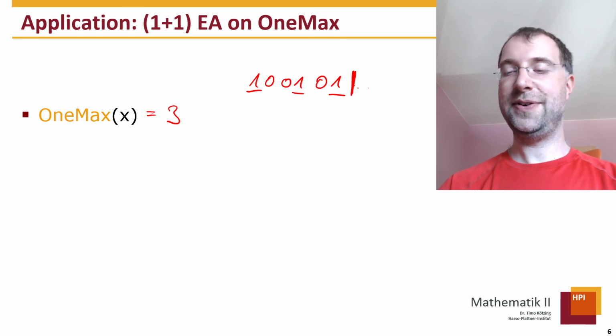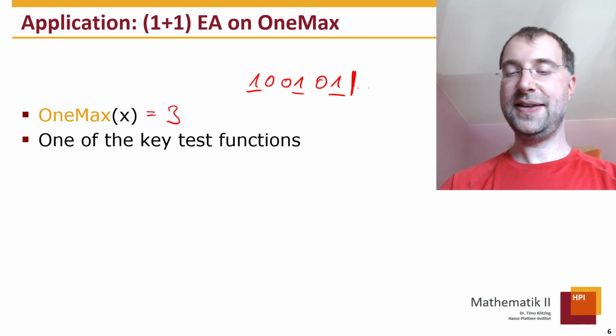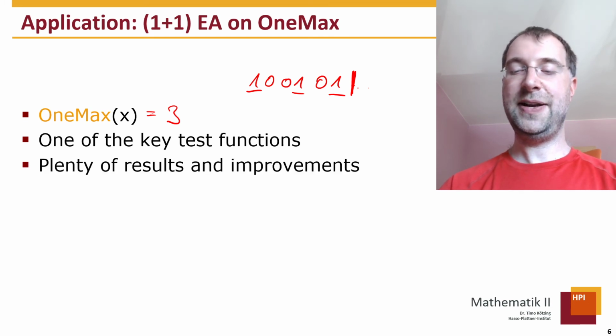We just now did this analysis. This is one of the key test functions. You can find the entire analysis in our paper. There are plenty of results and improvements of such results, of course, out in the literature.